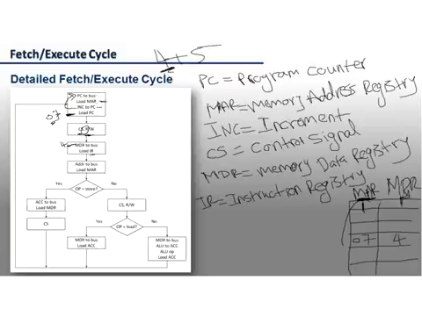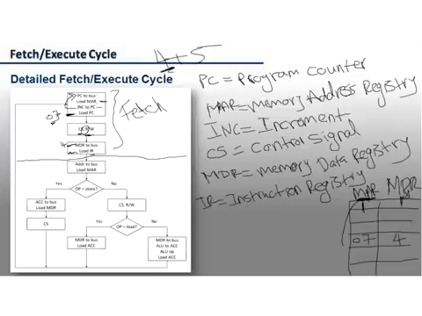Okay, so we load it to the IR, right? By the way, up to this point, before we get to the decoder, this is the fetch step. So far we've only done the fetch. Up to the load to the IR is only about fetching.